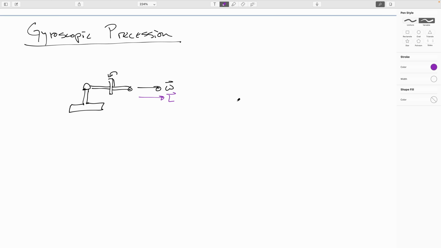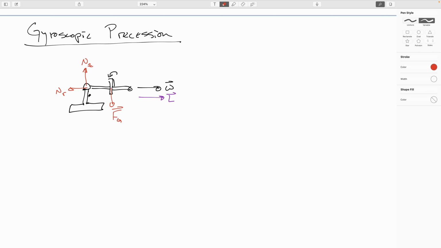All right. Now let's go ahead and draw in the forces that are acting on our gyroscope. So we have the force of gravity down. And I'm going to break the normal force up into the z component and the radial component here.